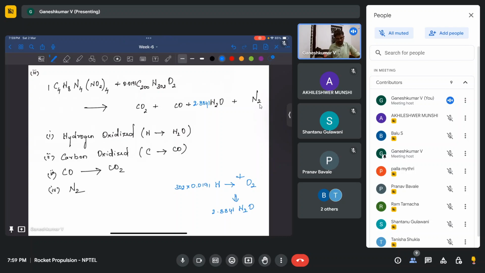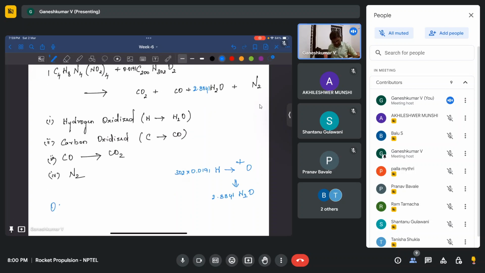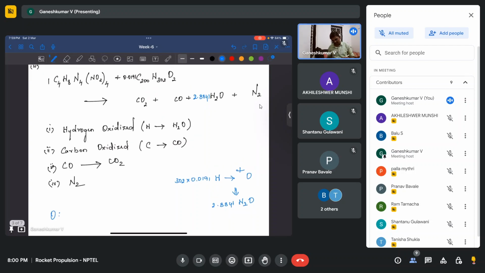How much O2 might I need? 2.8841 divided by 2 O2. So what is the amount of oxygen present? Initially there were 8 oxygen atoms in the HMX, and 2 into 0.0191 oxygen from the HTPB, so 0.0191 into 2 plus 8.